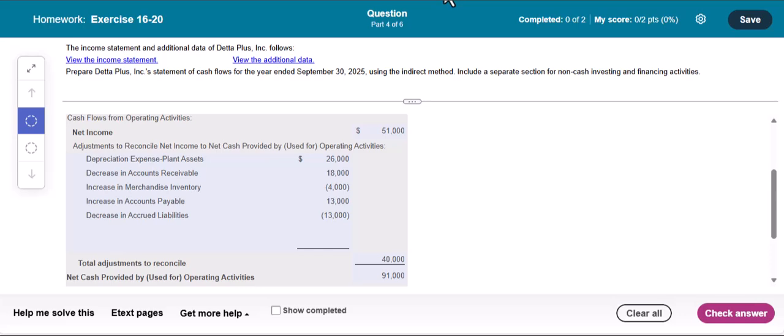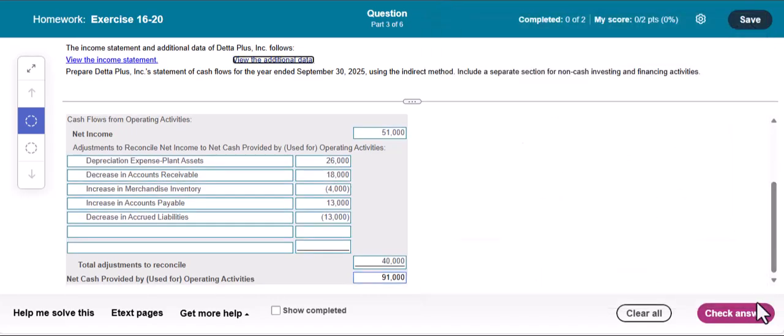And then getting back to accrued liabilities, if you forgot what an accrued liability is, remember, this is a current liability, therefore it's something that's going to be paid within the next 12 months. The most common example of accrued liabilities would be salaries payable. So if our salaries payable went down, then we must have paid it, therefore cash went down. And let's go ahead and check our answer so far.